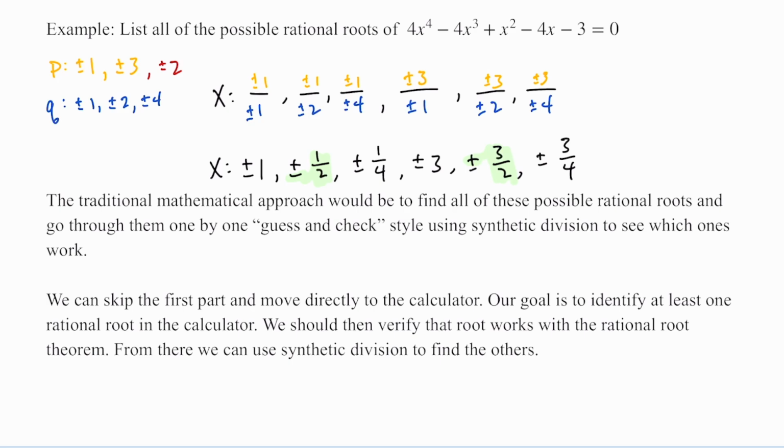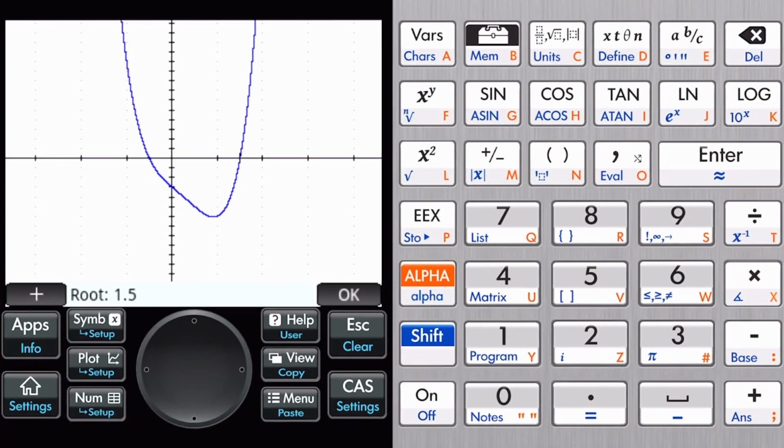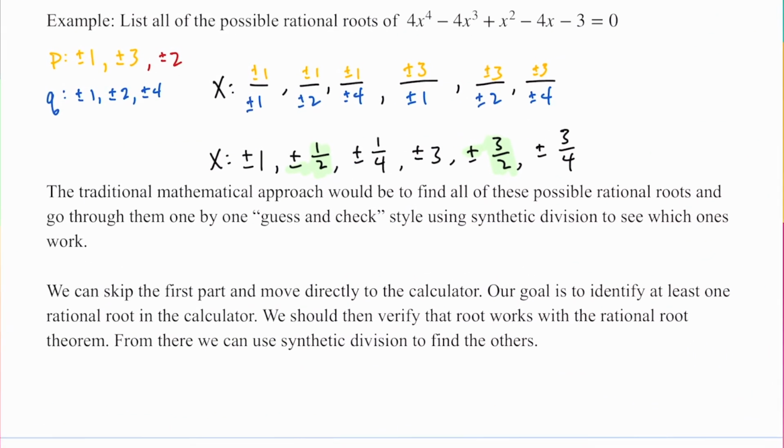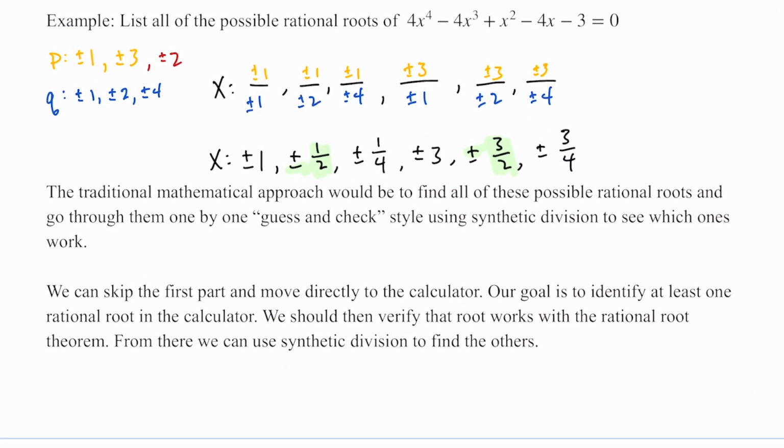We can actually use the calculator to cut that out. If we start with the calculator, we start right here and say, okay, I know 2 of my rational roots, -1/2 and 3/2. I can then go back, use synthetic division with those 2 values, and figure out the rest of the roots of my polynomial function. So that's what we're going to do in this section.